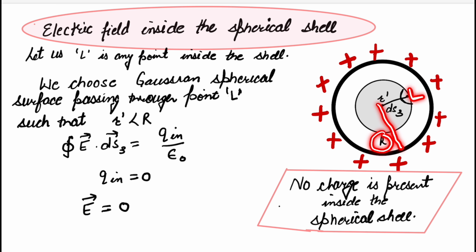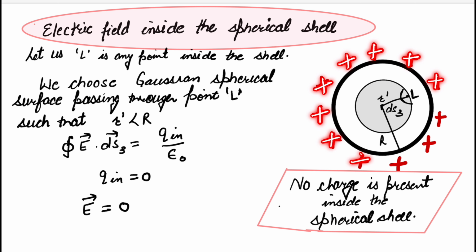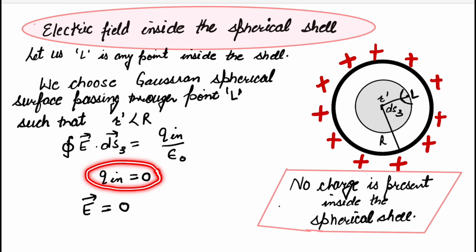As the point L is present inside the shell, the Gaussian surface radius r prime is less than R. We know that no charge is present inside the spherical shell. The entire charge is present on the surface of the spherical shell. So, the total charge q in for this Gaussian surface is equal to 0.